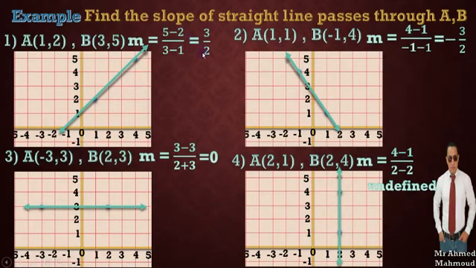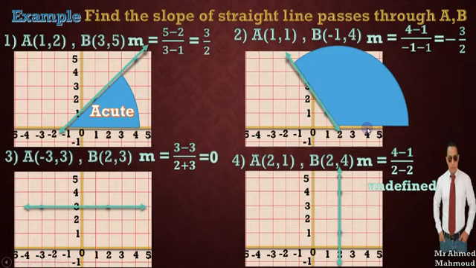Looking at the first case, the line makes an angle that is acute with the positive direction of the x-axis. Why? Because this is a positive slope. The second line makes another angle with the positive direction of the x-axis, and this is an obtuse angle because the slope is negative.